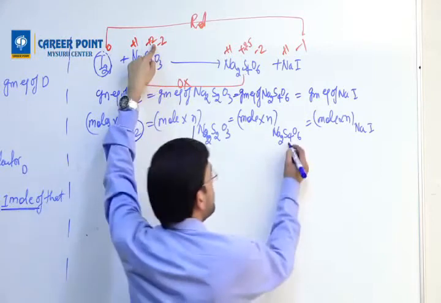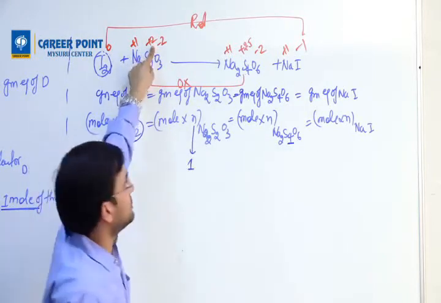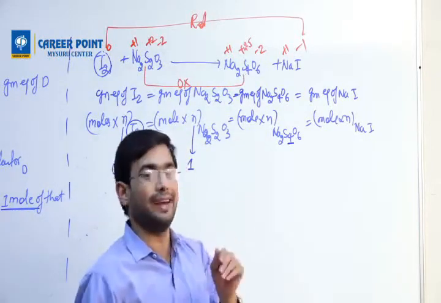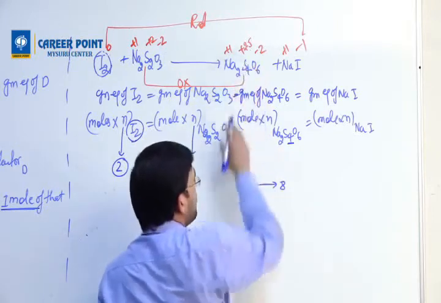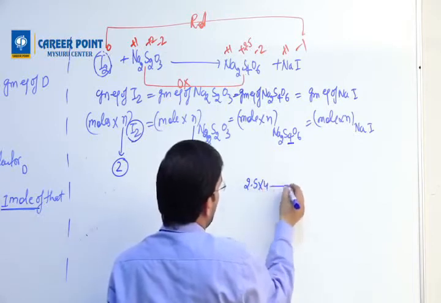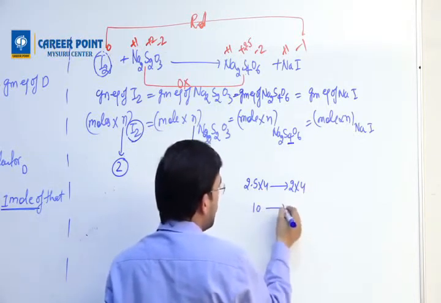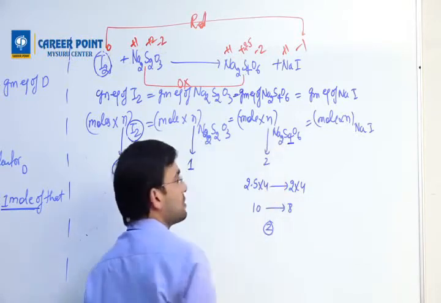How much sulfur you are talking about? 4 sulfur. So 2 into 4, 8. There, 10. This is changing from 10 to 8. 2.5 into 4 to 2 into 4. So 10 to 8 changes by 2. So the n factor is 2.